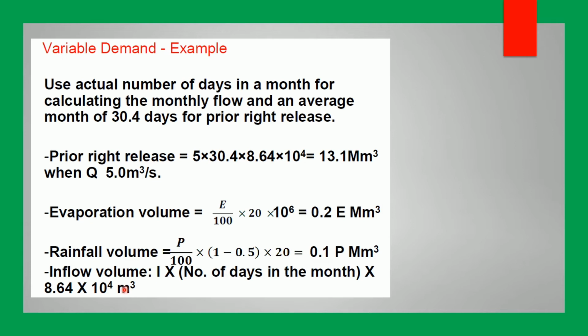So the mass curve analysis is adequate for small projects or preliminary studies of large storage projects. The latter require sophisticated methods, such as time series analysis of data, for the final design.